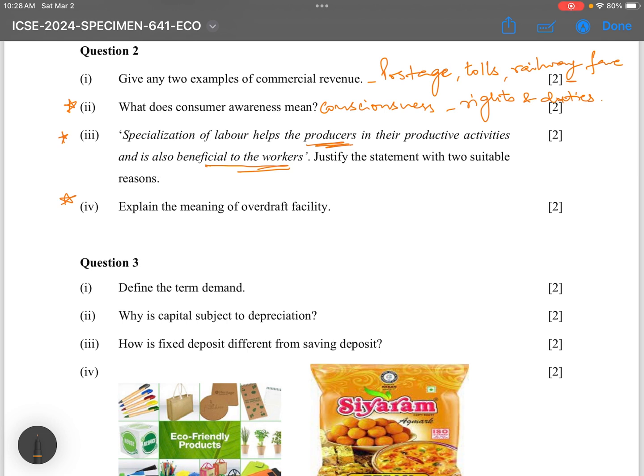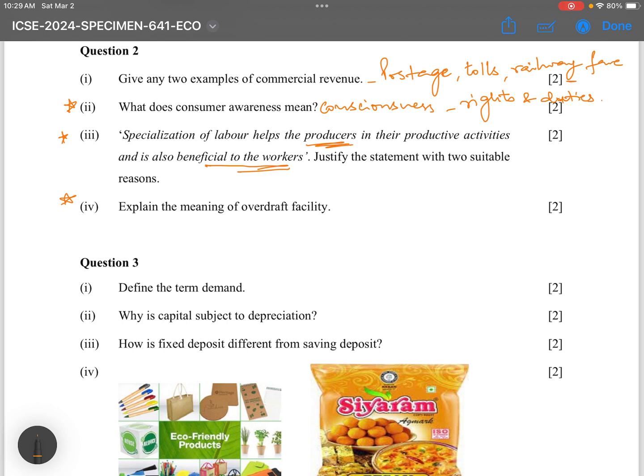So you can give these two examples, explain the reasons, short, brief, concise. So maybe you don't need to write five lines for this. You can just give one reason for how it is beneficial to the producer, but explain that reason. So in these types of questions, especially 2 markers or any kind of explanation in economics, you need to justify. There should be a logical derivation of what you are trying to say.